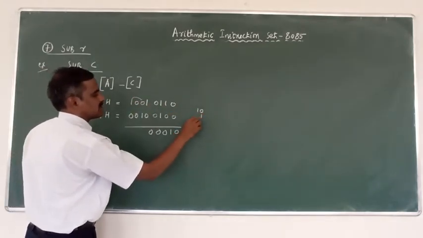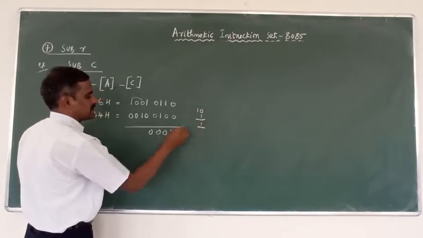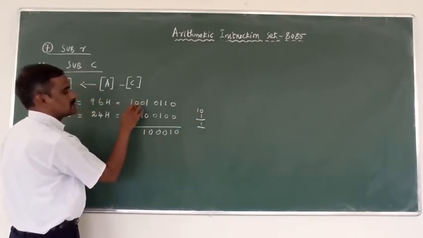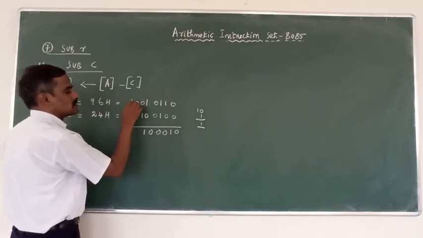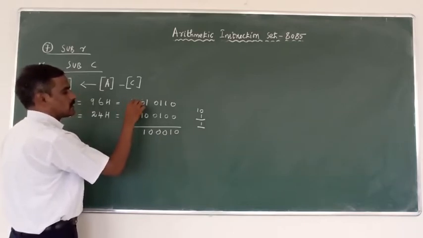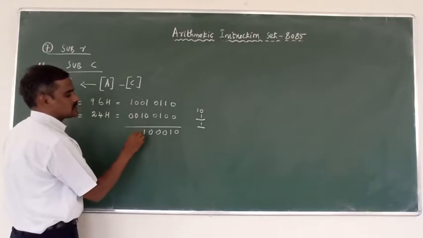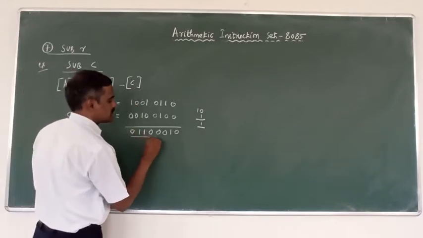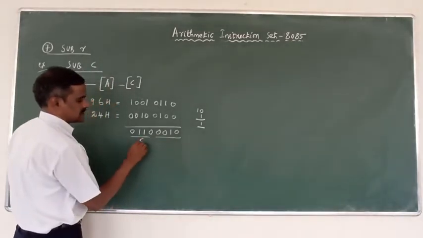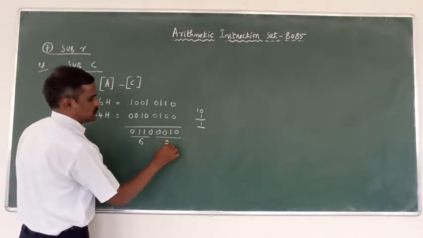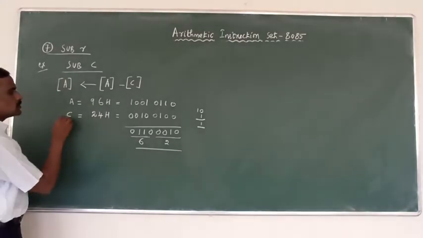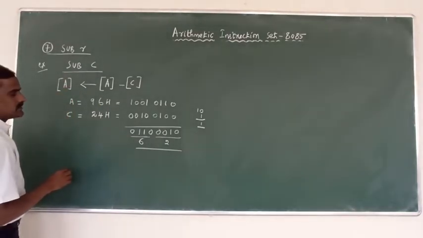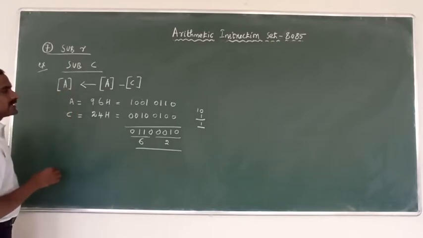This is for 10. Now subtract with 1: 2 minus 1 is 1, and here 0. This is to be considered as 1. 1 minus 0 is 1, and here 0. Now the result is 6 and 2. 62 in A register.